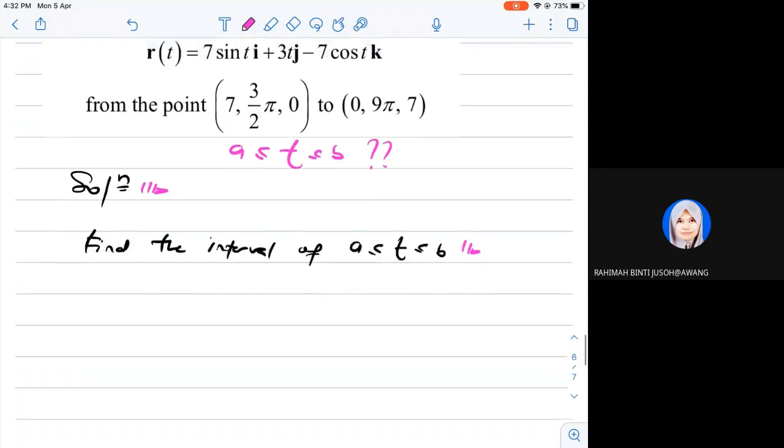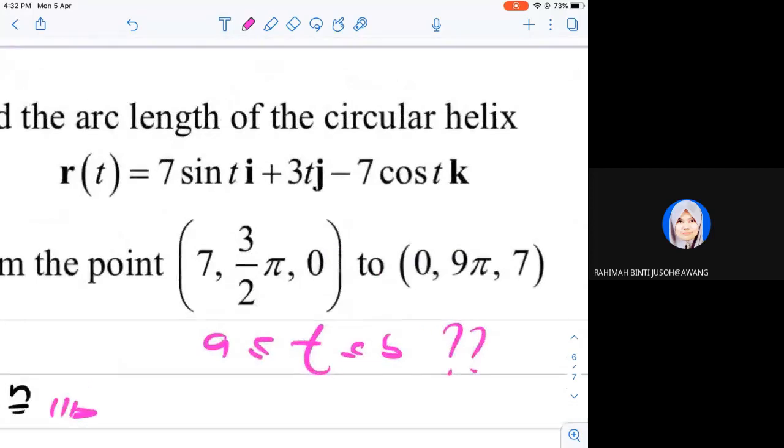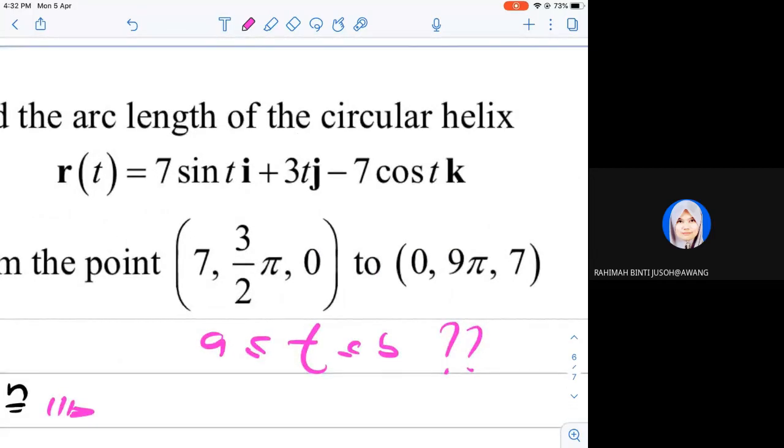Okay, now I'll give you tips. Okay, actually guys, you can consider any of these functions. Sama ada you nak consider x, y ataupun z. Tiga-tiga boleh. Okay, however, if you consider trigonometric function, sine or cos, sometimes your answer would be wrong.